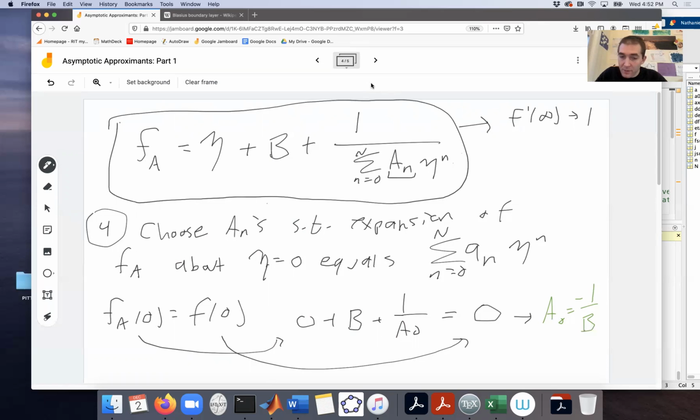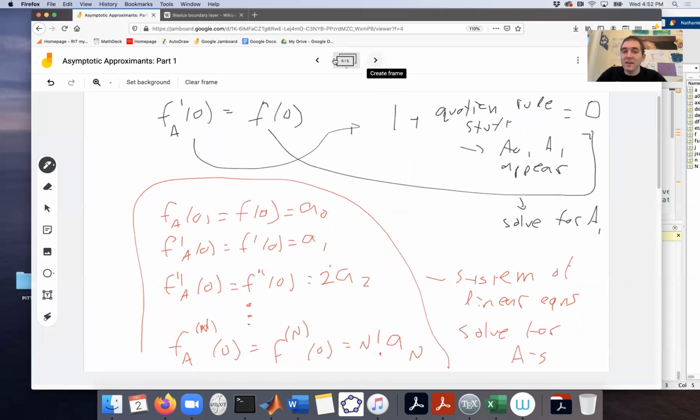So the next thing I want to talk about: I didn't give you an easy way to find the capital A's. Right here, you have to do a quotient rule, and that doesn't sound fun. Just imagine the nastier quotient rules you'd have to do as you move on. So right now, I'm probably not selling the method, but I'm running out of time today.